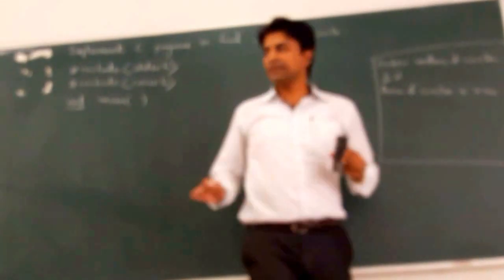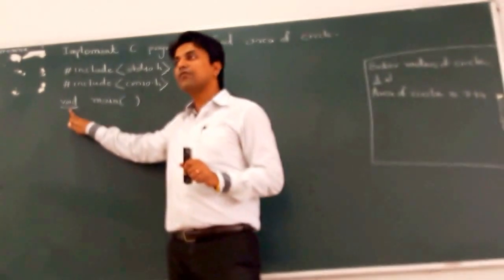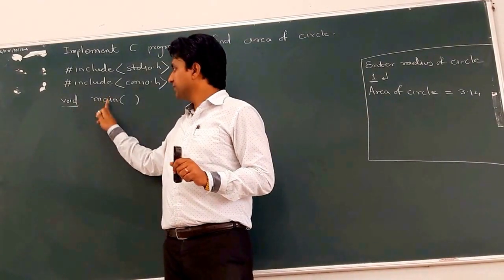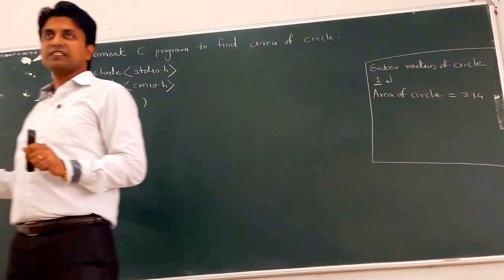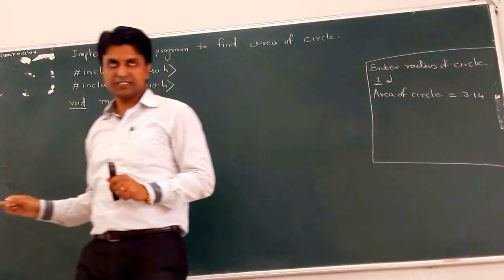Next, our program starts from the main function. So write the main function, main parenthesis, and the return type of the main function is void. In traditional C, most of the time we write the return type as void because this main function does not return anything to the disk operating system, or simply the OS.